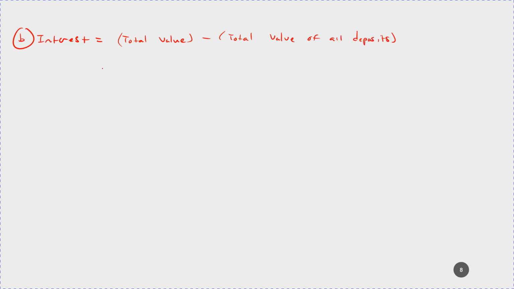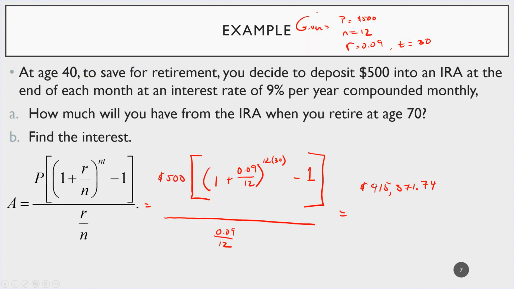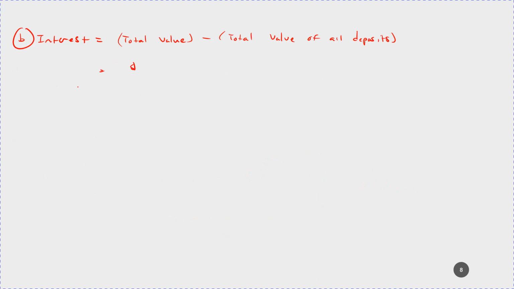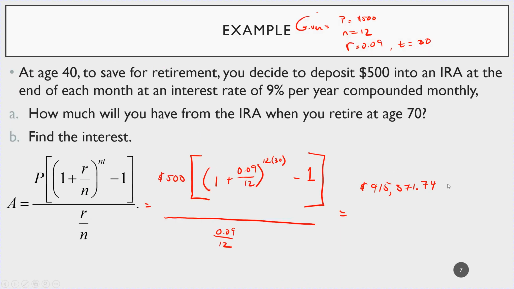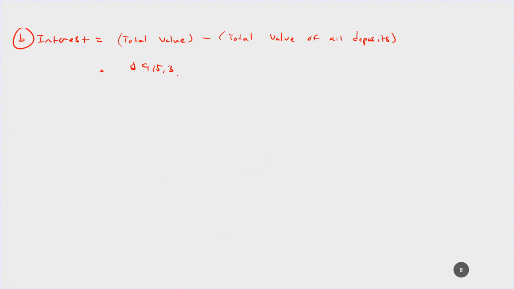So going back, this was $915,371.74. Now to figure out the total value of payments, you're making $500 payments 12 times a year for 30 years.